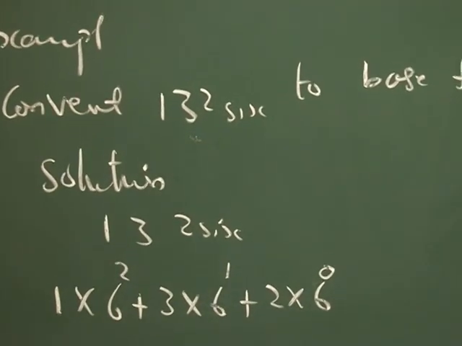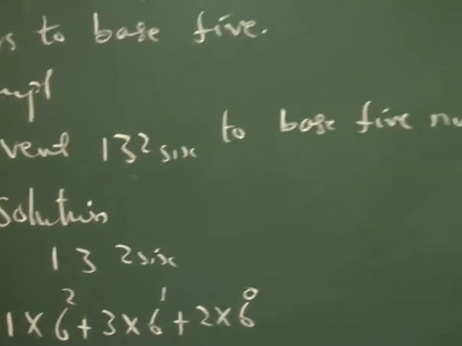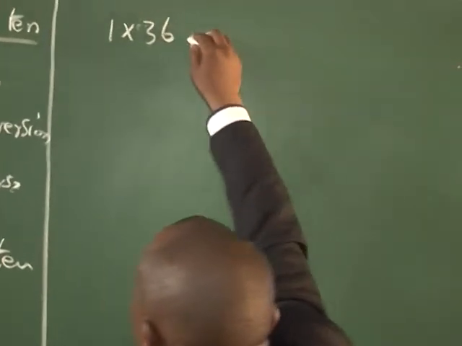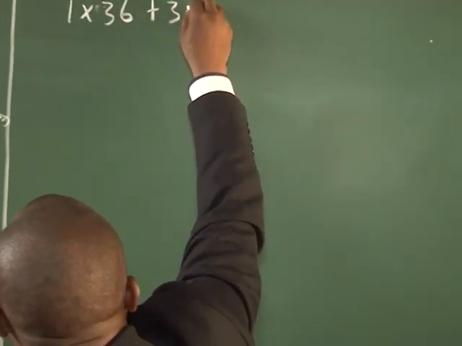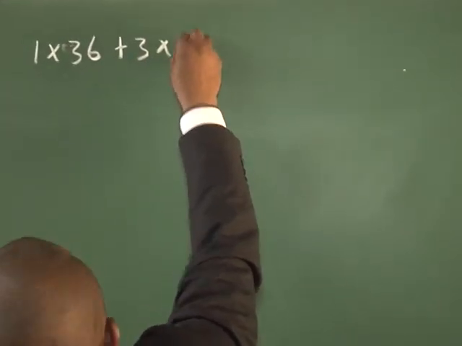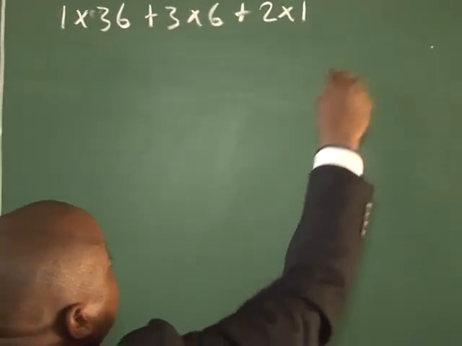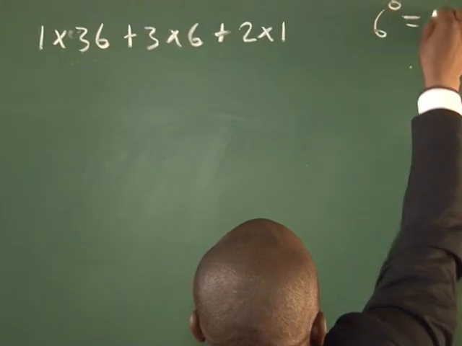Okay, we can continue. This is the same as 1 times 36, and that is 6 squared, plus 3 times 6 plus 2 times 1, because 6 raised to 0 equals 1.